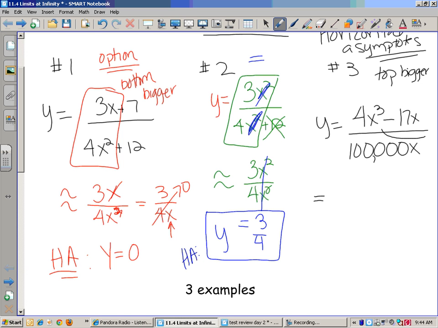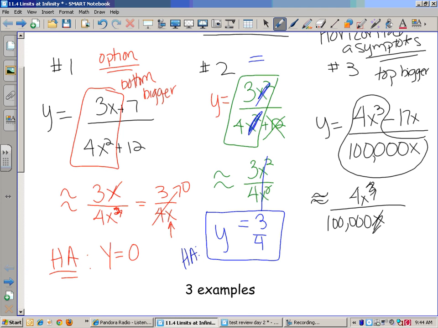So we take the largest degree on the top and the largest degree on the bottom, and let's say approximately, because we're talking about infinity, 100,000. And so now we reduce. And what we really end up with is some number, who cares what it is, times x squared. Well, as we let x go to infinity, this number is going to go to infinity. And so then we said, hey, we have no horizontal asymptote.